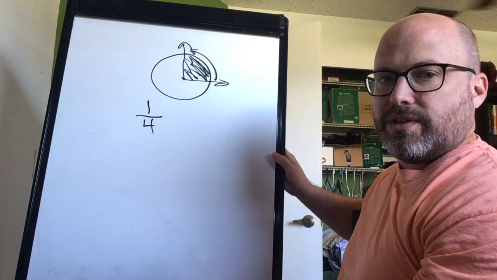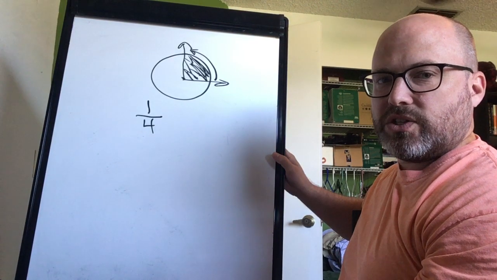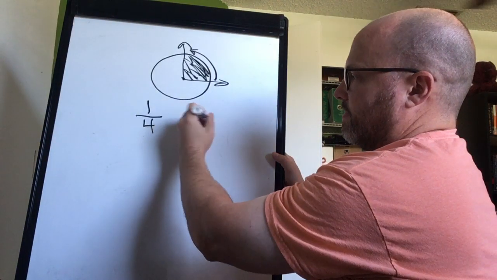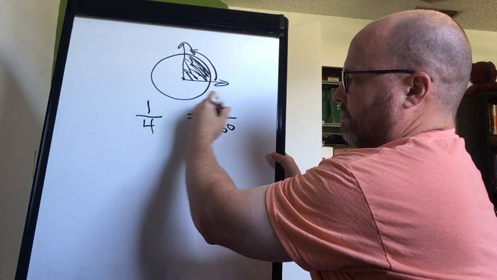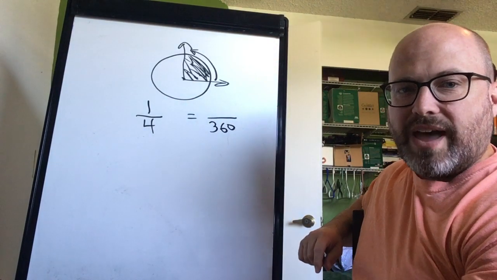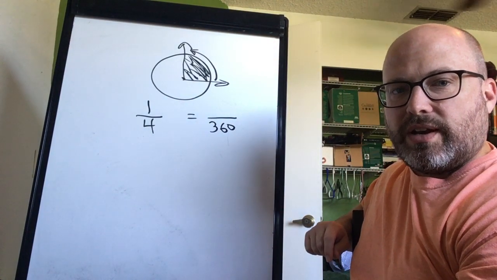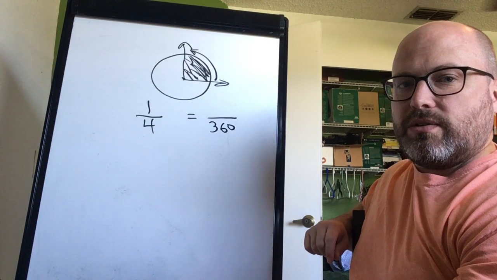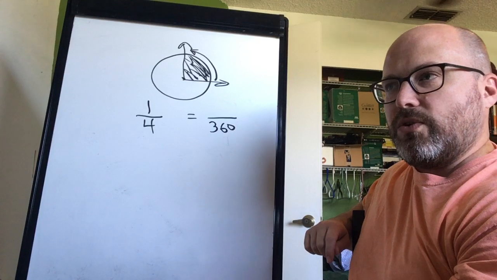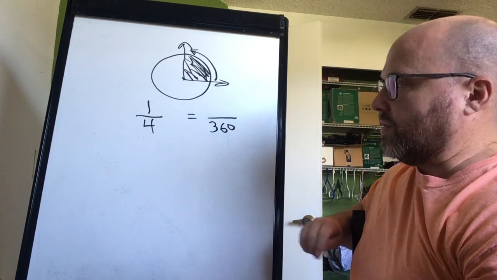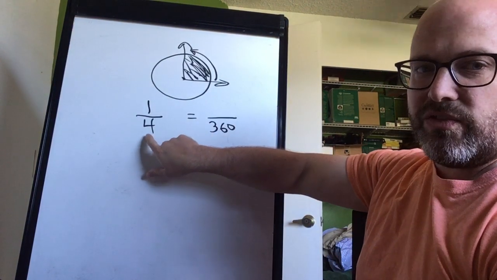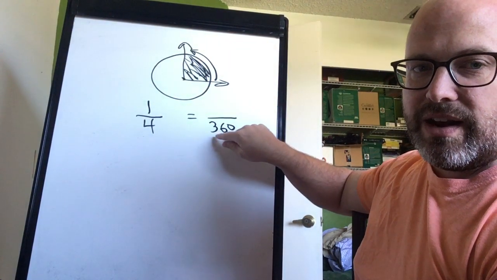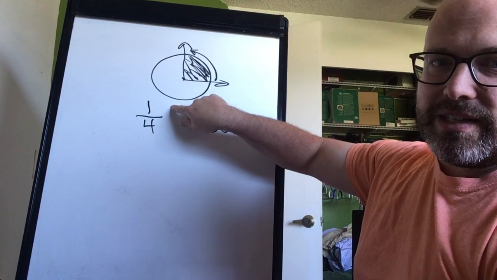So what I want to know is, what is the equivalent fraction between 1/4 and 360ths? Now, if I can fill in that missing number, then I can fill in how many degrees that turn is. And so I have to figure out a way to do this. Okay, so if you remember how you make an equivalent fraction, what I want to do is say 4 times what will get me 360, and then I'm going to take that number and multiply the top by that same number.